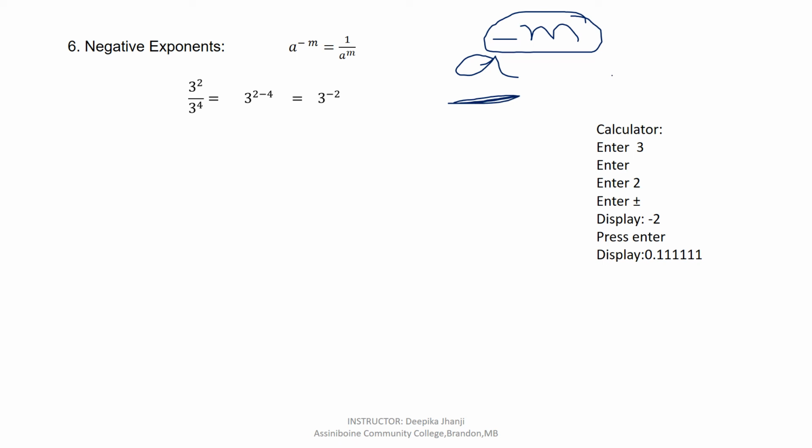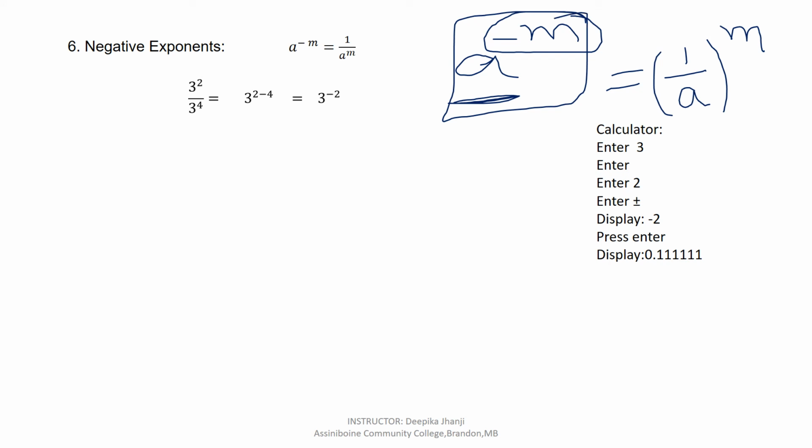Or you can say find the reciprocal of a. What is the reciprocal of a? That is 1 upon a, right? And then power m. Now the power is positive. It's not negative anymore, right? That's the rule. So if you want to make negative exponent positive, just flip the base, right?